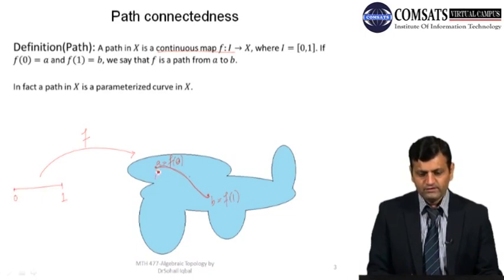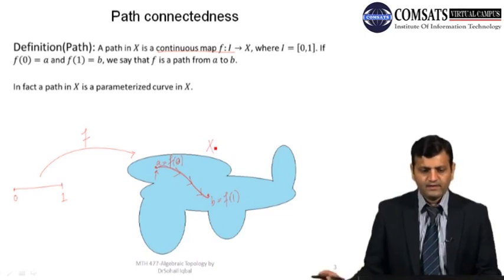So we start from this A and we go in this direction to B. So it is not just a subset of X, it comes with other structure as well. It comes with parameterization of this curve and also some orientation. So it is more than just a subset of X. So this is how we define a path in X.